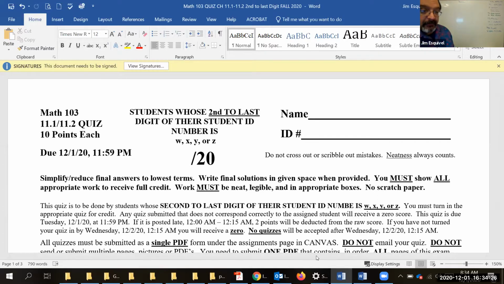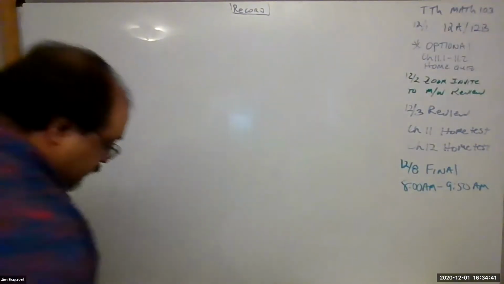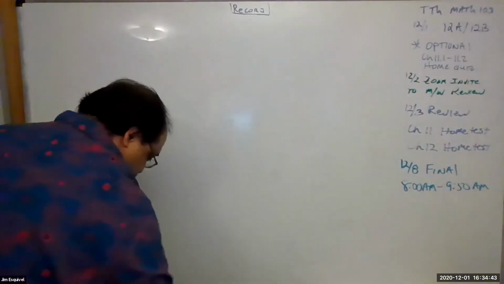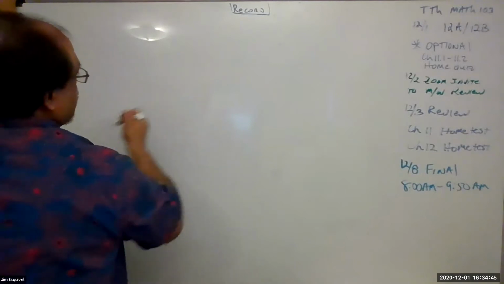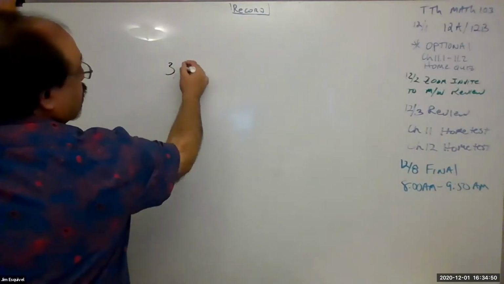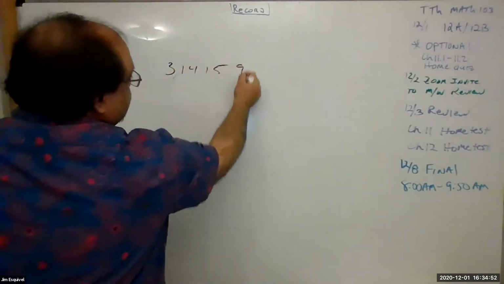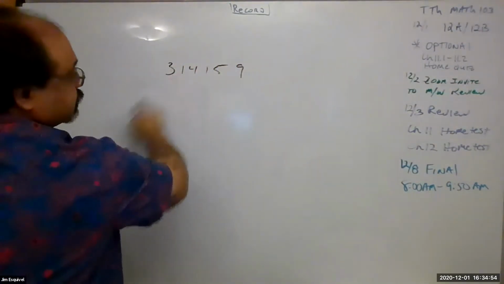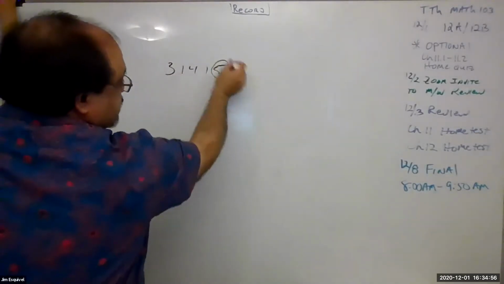Okay? But this quiz is basically dealt out to everybody based on the second to last digit of your student ID number. The second to last digit. So real quick, if my ID number was 3.14159, the second to last digit is a 5.